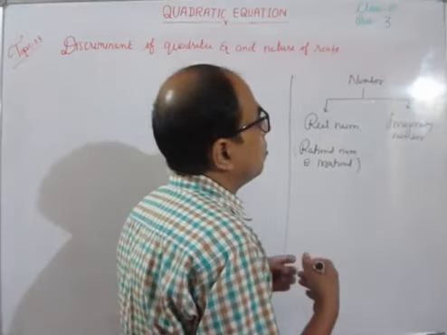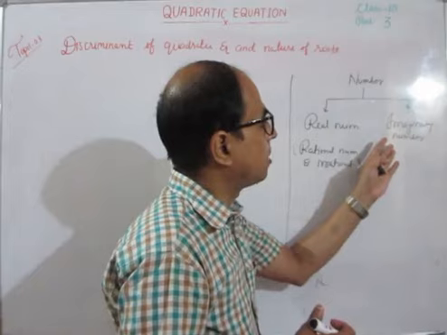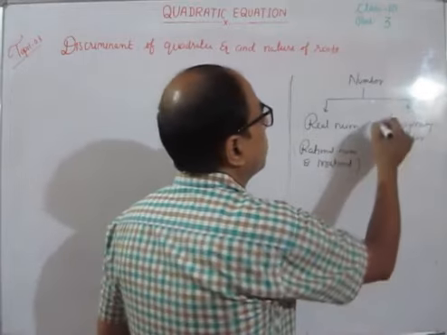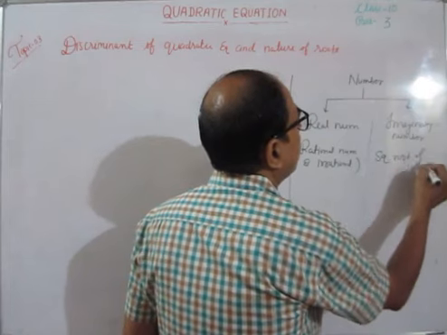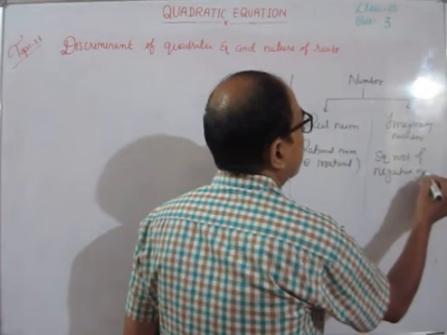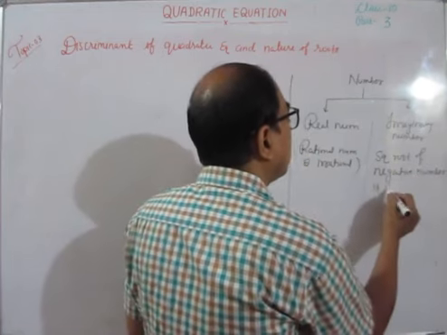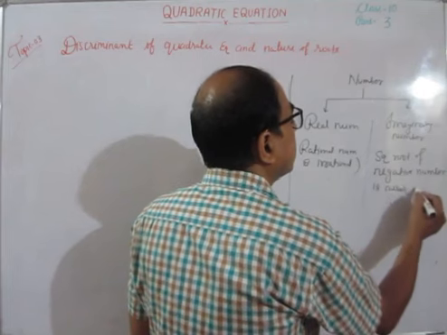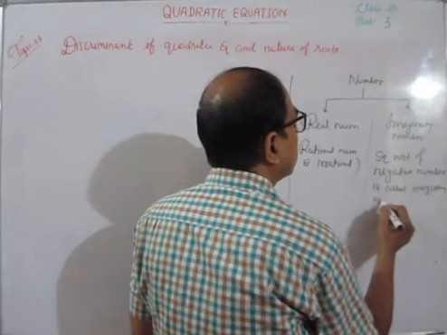Now what is an imaginary number? Which type of numbers are called imaginary numbers? The square root of a negative number is called an imaginary number.